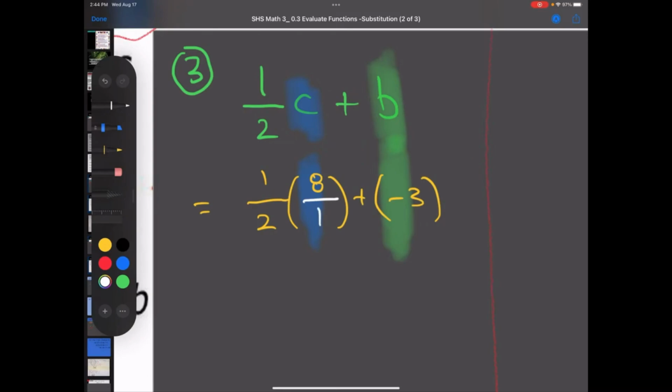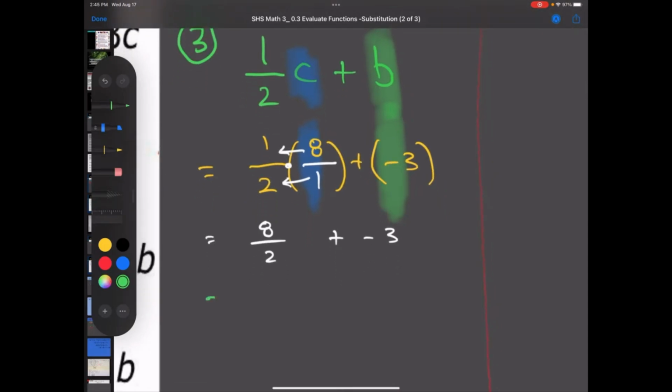It's in the numerator or upstairs. In fractions, when you're multiplying, you can just multiply across. Some of you guys know some more advanced techniques like canceling. And class, 8 divided by 2. And 4 minus 3 is 1.